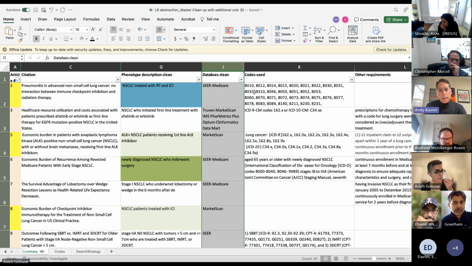So maybe this is a stupid question, but I'm guessing that a lot of the studies that were performed were prospective trials where data was specifically collected to identify a patient population or to assess a certain outcome. And when we're going back to observational data, I presume we're required to use only data that was collected for whatever reason, not as part of a clinical trial.